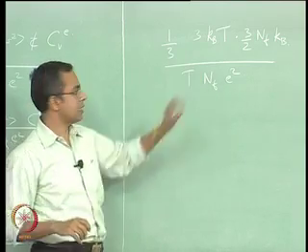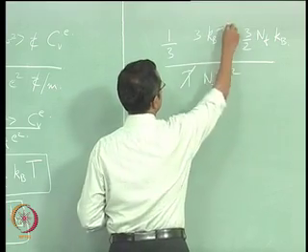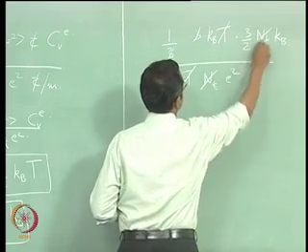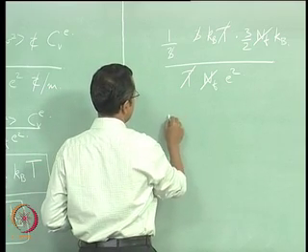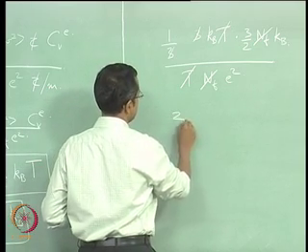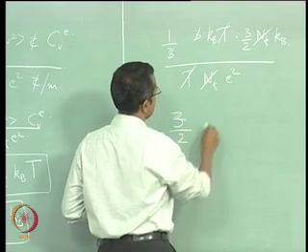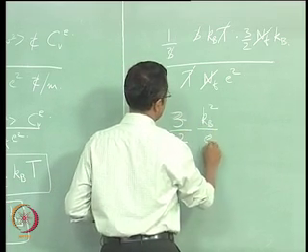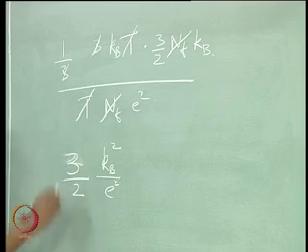So let us just simplify it. You lose the T here, this 3 and 3 would go, the NF and NF would go. So they all cancel out, and you would end up with 3 by 2 kB square by e square.